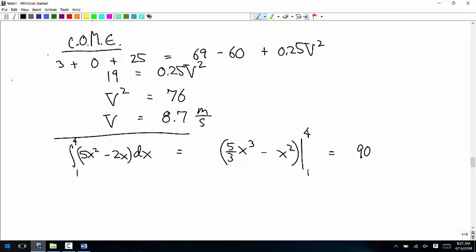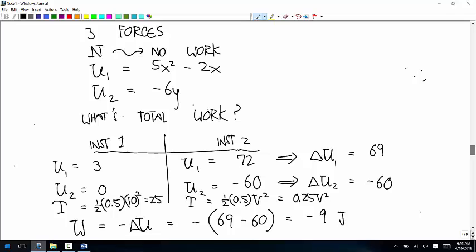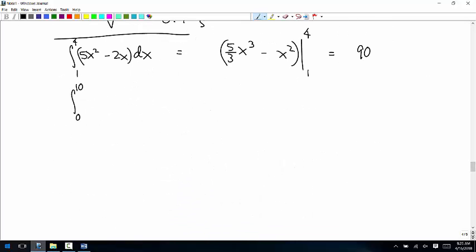Okay. And then the other integral goes from 0 to 10. And what was it equal to? Okay, so the function is negative 6y integrated with respect to y. You get negative 3y squared evaluated from 0 to 10.